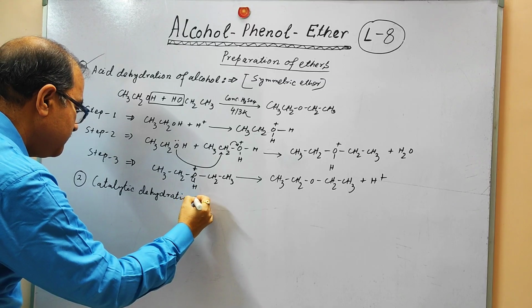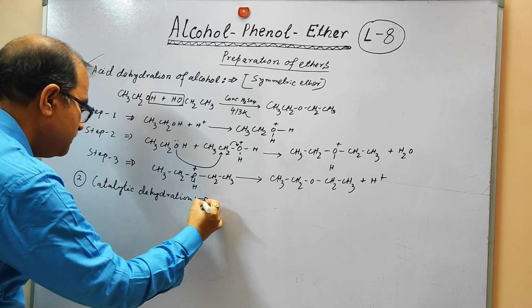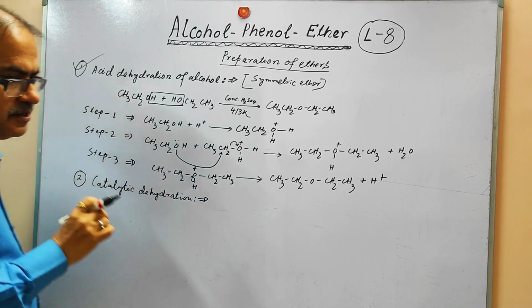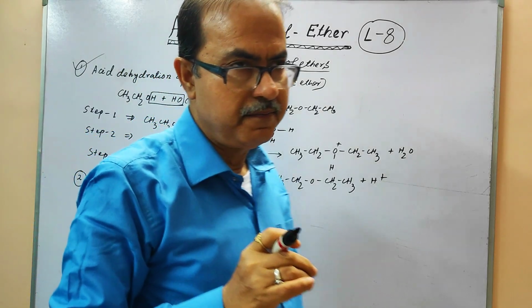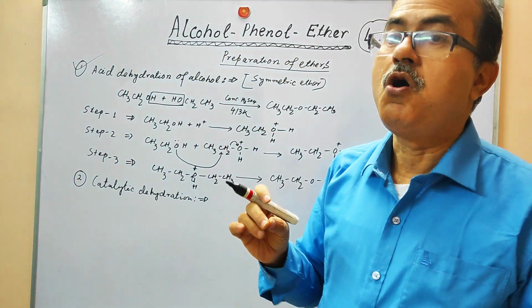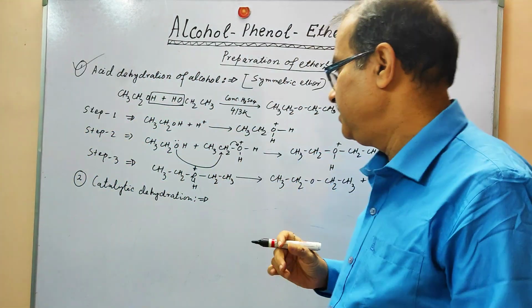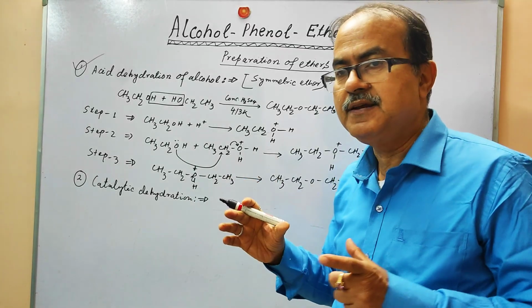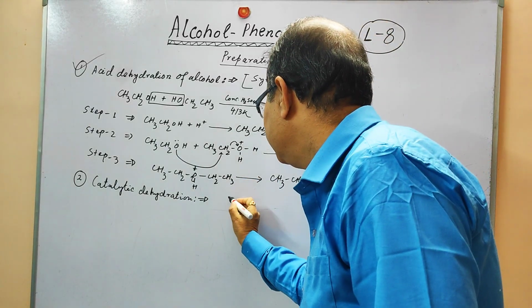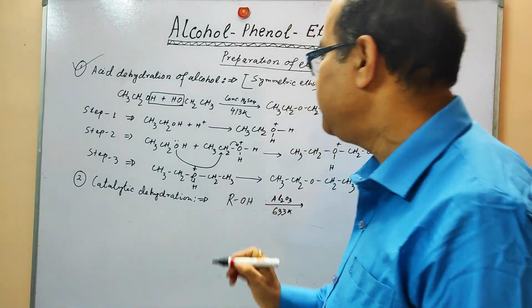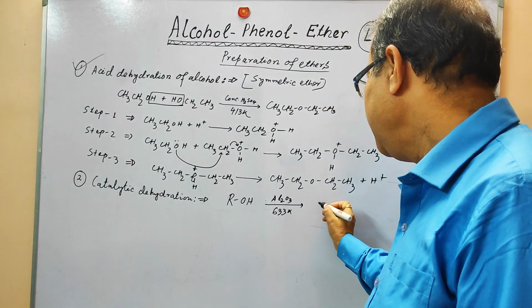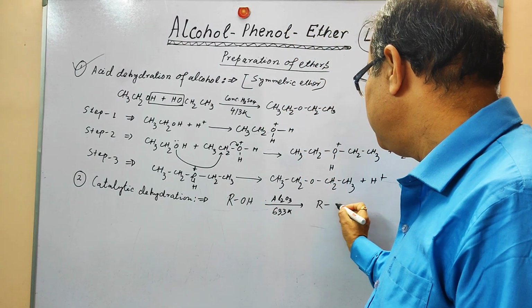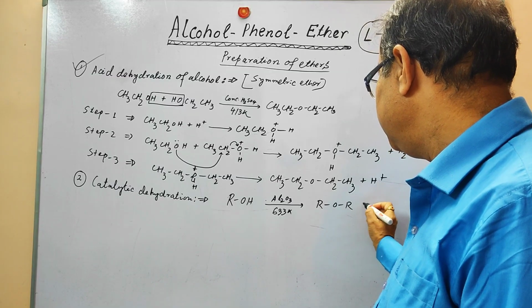In this catalytic dehydration, the alcohol is dehydrated in the presence of a catalyst. This catalyst is heated to a very high temperature. The dehydration reaction is going to produce the ether.